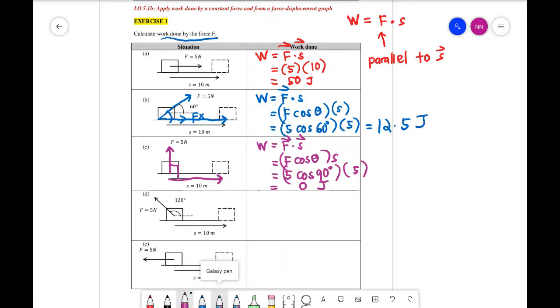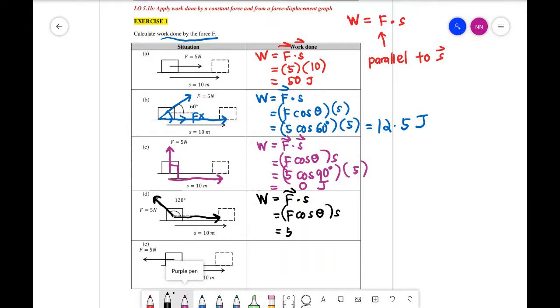And then how about D? For D, this is the displacement S, and this is the force F. Again, this force F is not parallel to displacement, so you have to use F dot S, which is F cos theta times S. So it is 5 cos 120 degree times displacement S of 10 meter.